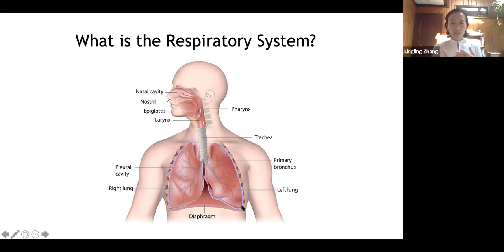In your lungs, there are microscopic bubbles, and also lots of blood vessels.